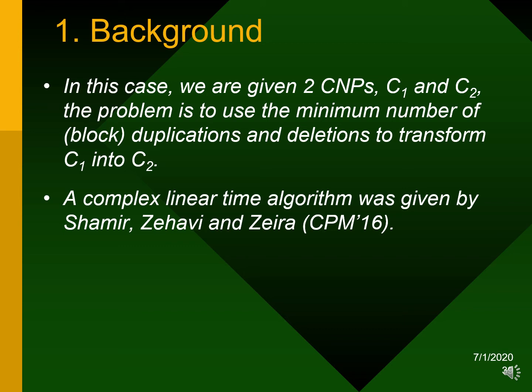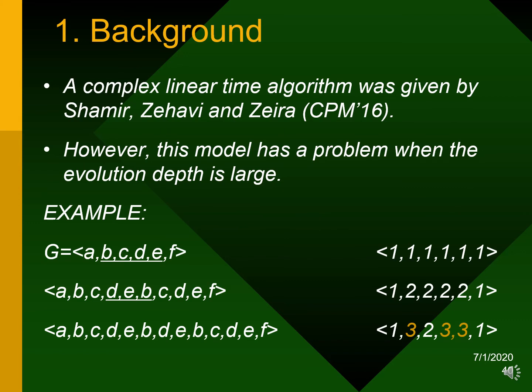A linear time algorithm using dynamic programming was given by Shamir et al., solving the problem completely. On the other hand, we noticed that this model has a problem when the evolution depth is large. Here is a very simple example.